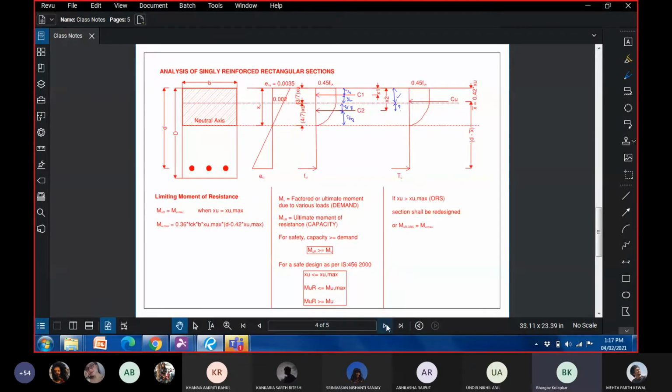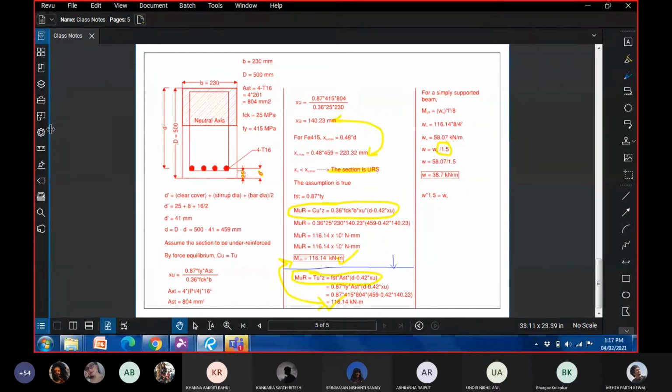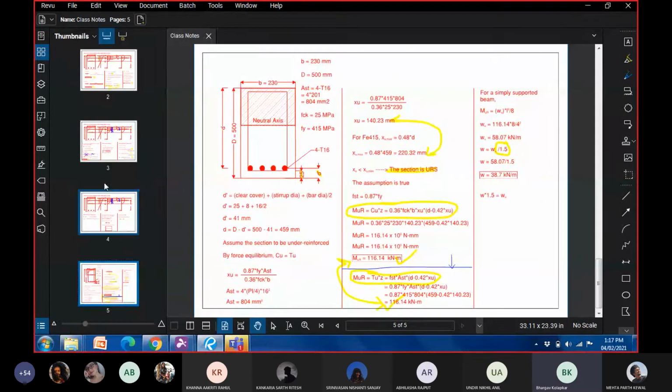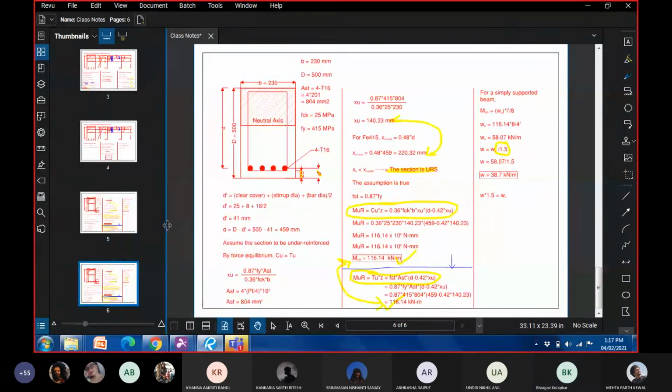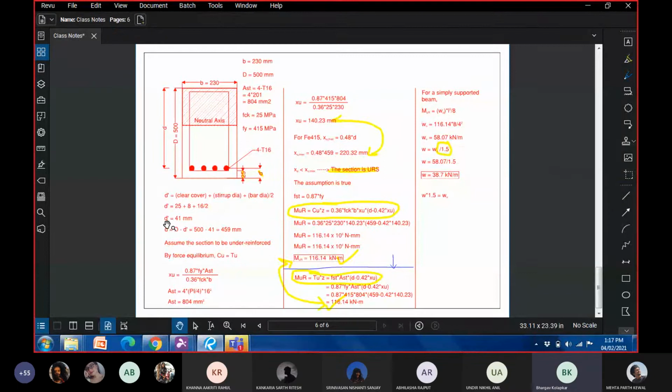An RCC beam 300 by 600 mm overall in section, is reinforced with 8 bars of 25 mm diameter, with a cover of 25 mm.